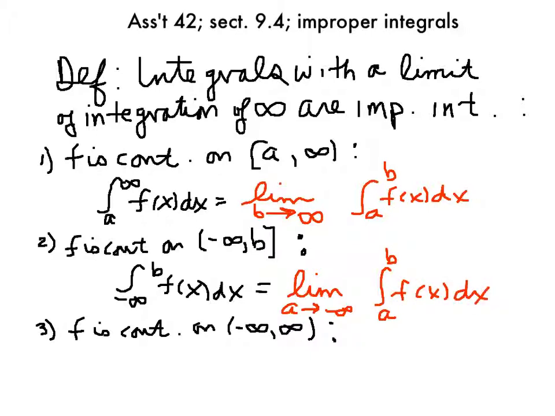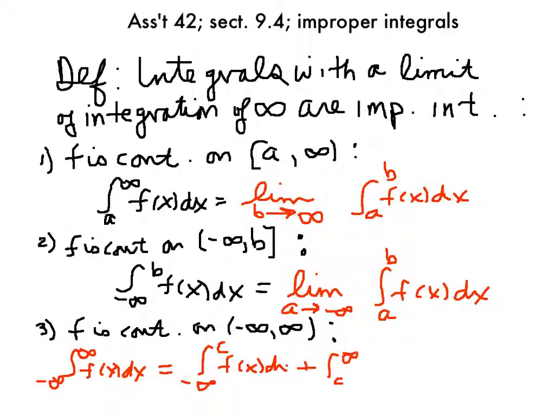And finally, this last one, the integral from minus infinity to infinity of f of x dx is equal to the integral from minus infinity to c of f of x dx plus the integral from c to infinity of f of x dx for any real value c.